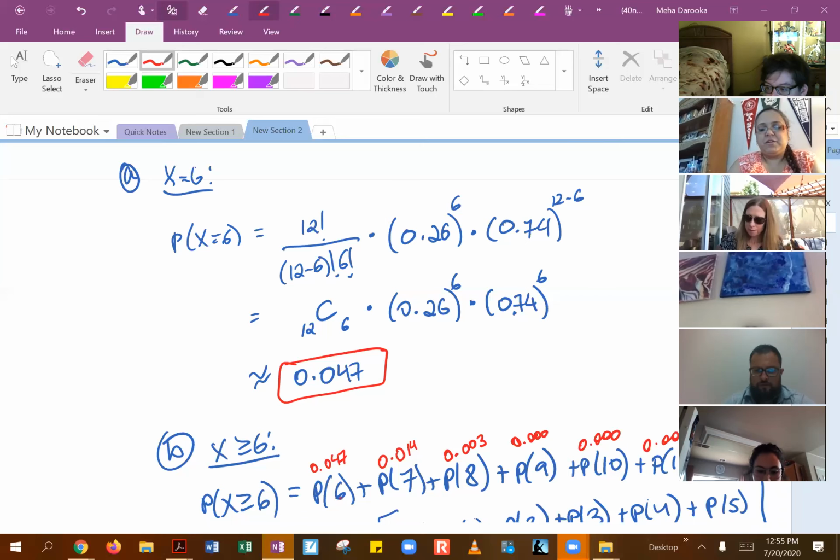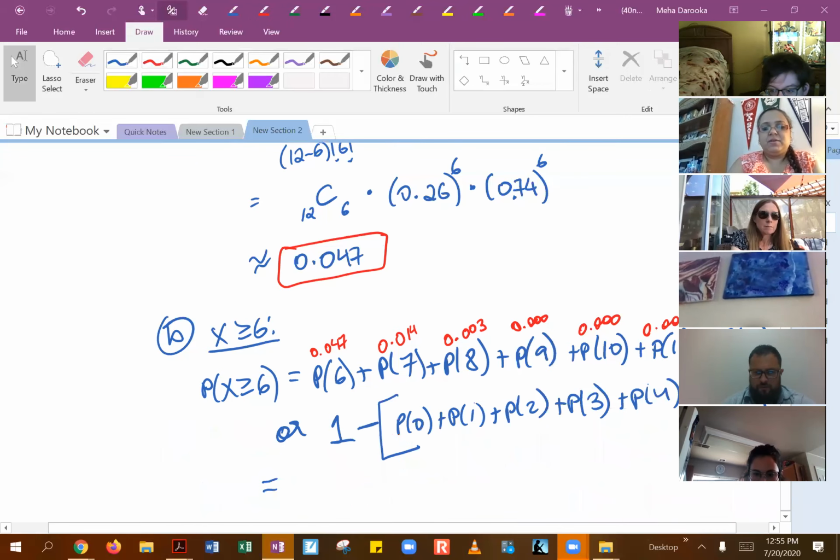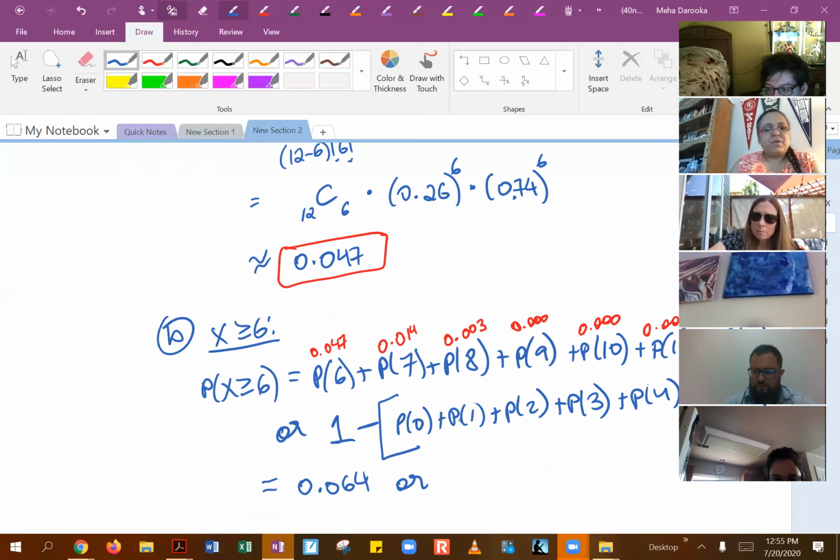Because if you do the first one, which is the numbers that I have here in red, these ones will add up to give you, so for the first method, you are actually going to get 0.064. But if you did the other way, you did the second method, so you did 1 minus P of 0, Alexander.